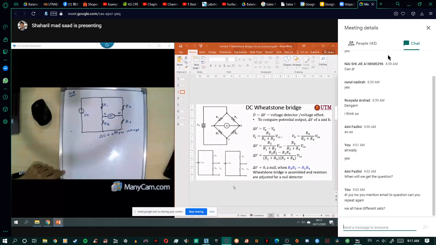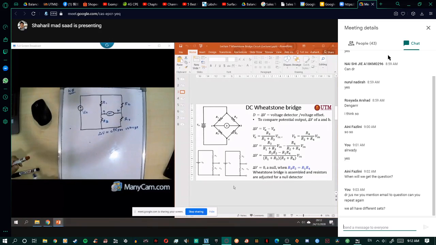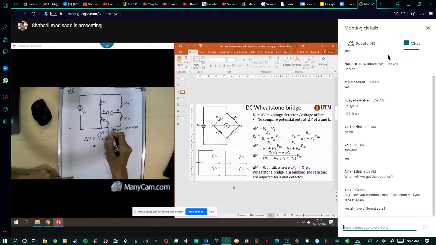So how to derive this formula? In order to find delta V, it is equal to the voltage at point A, minus the voltage at point B, VB. Now VA is actually the voltage at R3 here, so we can use the voltage divider concept: R3 over R1 plus R3, times V in.